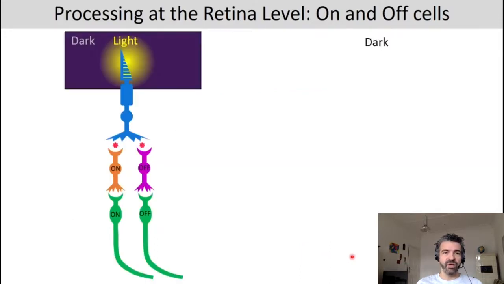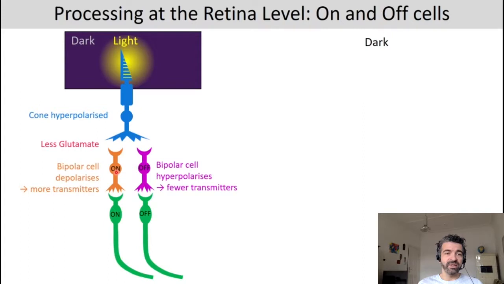So let's have a look at how this works if you present light to a photoreceptor here. If you remember, the cone, for example, here is hyperpolarized if it's presented in the light. Then if this is an on bipolar cell here, you will see less glutamate response results in the bipolar cell depolarization, so more transmitter is transferred to the ganglion cell here.